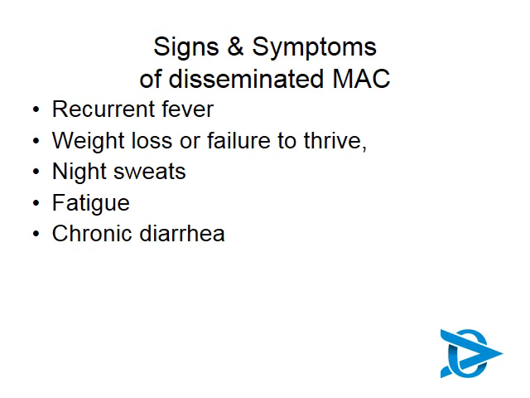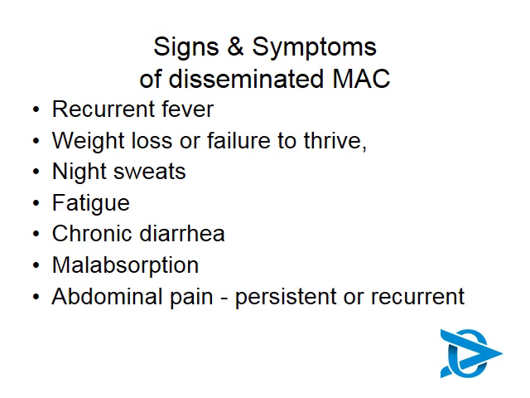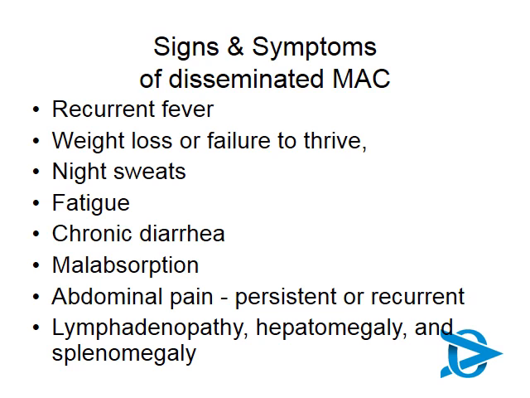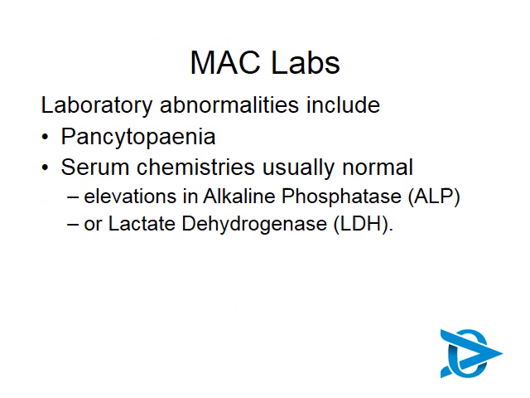And I wonder how many of our chronic diarrheas, especially our children with TB and chronic diarrhea that die, we've missed the diagnosis of MAC. Malabsorption, often abdominal pain, either persistent or recurrent. And you can have lymphadenopathy, hepatomegaly, and splenomegaly. So this is going to be a very ill-looking child, and difficult to find the exact cause.